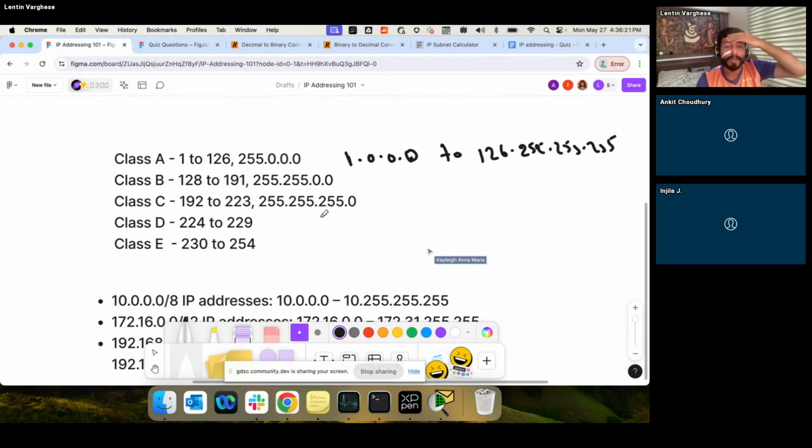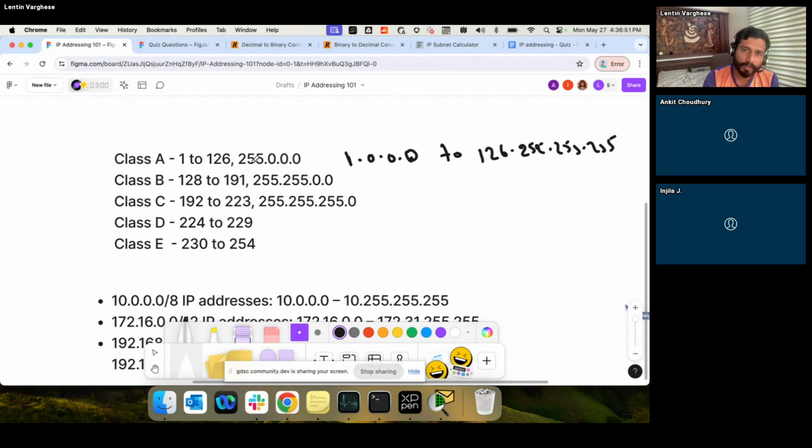So that's class A, class B 128 to 191. See here. Okay. So these are different classes of IP address. Now I have also written something afterwards for class A, 255.0.0.0. That's a subnet mask. Now, what is a subnet mask? Why do we need it? So I was mentioning earlier, an IP address has two portions. One is a network portion, the second is a host portion.